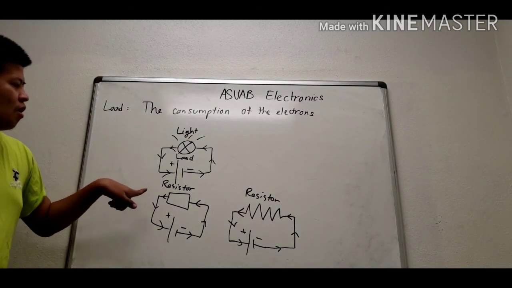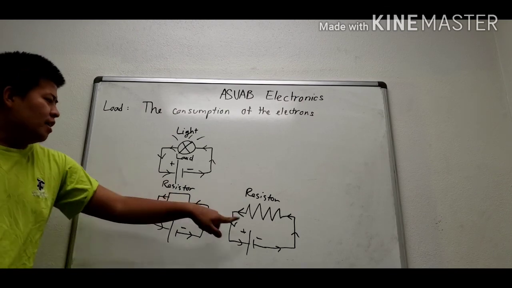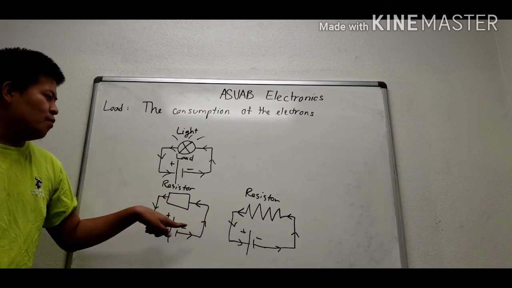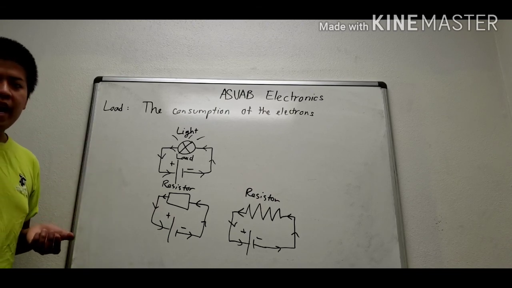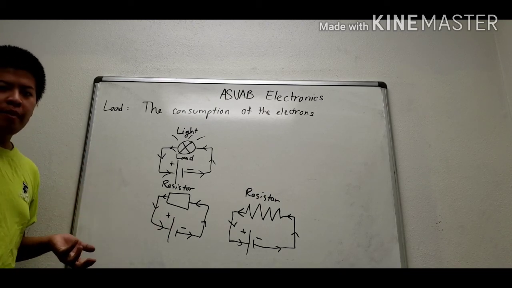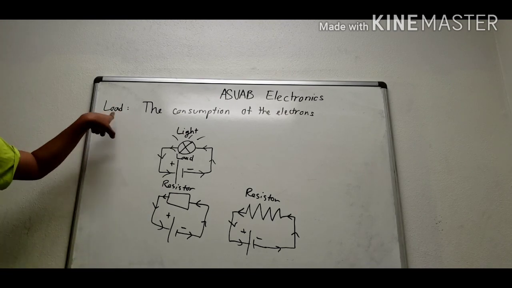It means that the light, the resistor, and the other resistor symbol have the same meaning. They consume the electrons or they consume the power in the closed circuit. Everything is about the load.